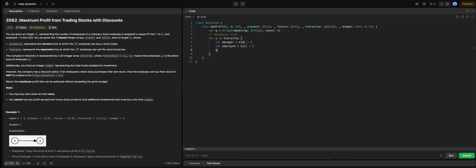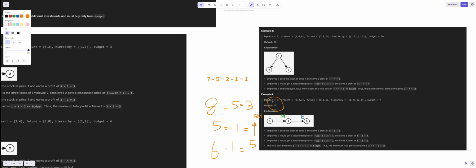And then what I'm going to do is use the manager as an index, that means how many employees are under that manager. Okay, let's think of it with this approach. We have a 1, so we will use the manager as an index, and then that will be the sub.